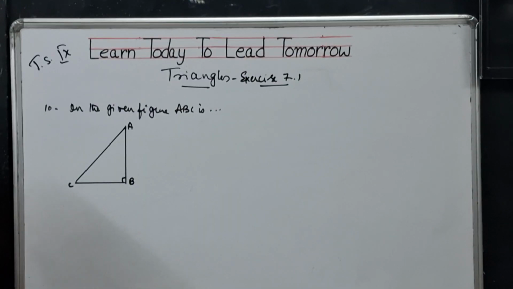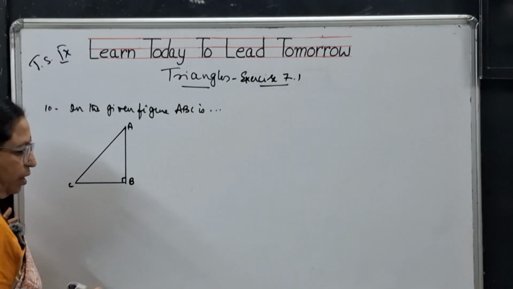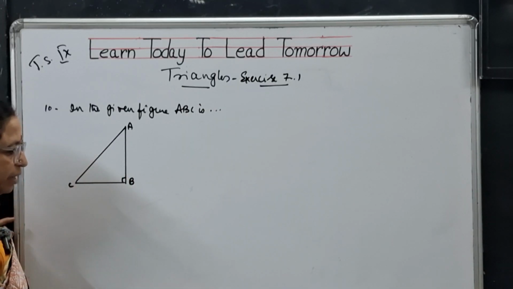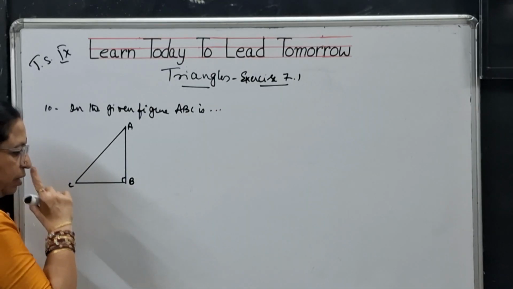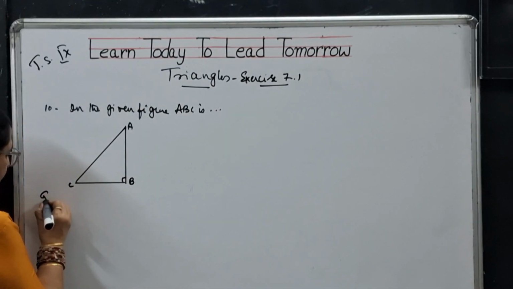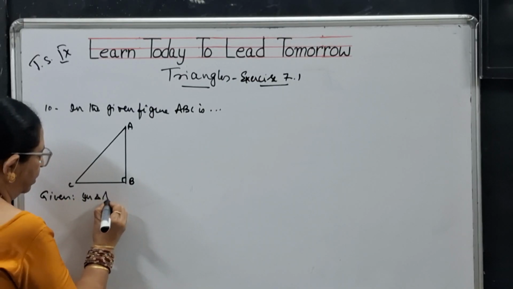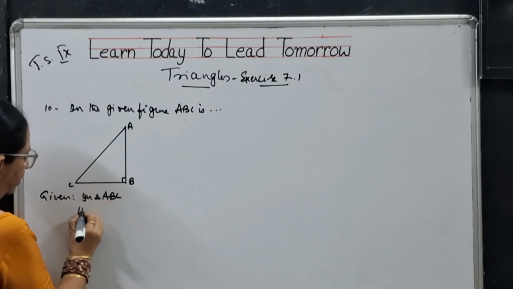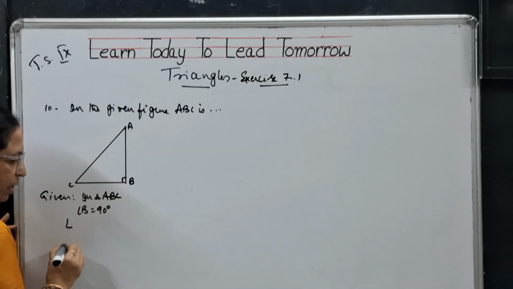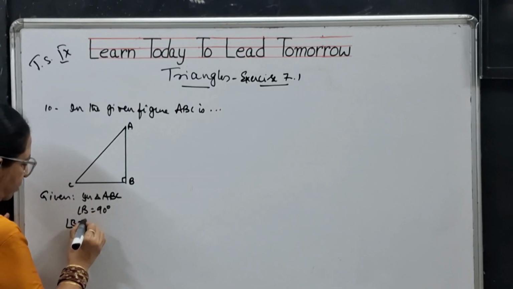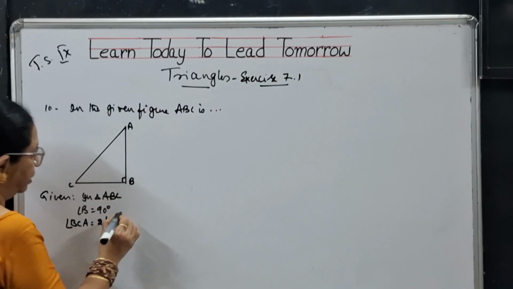Now 10th problem, children. In the given figure, triangle ABC, right angled at B, such that angle BCA. What is given to us? In triangle ABC, angle B is 90 degrees and angle BCA is equal to 2 times of angle BAC.